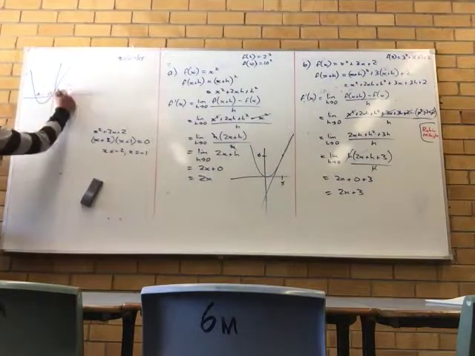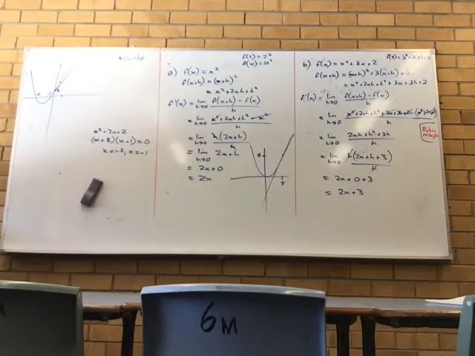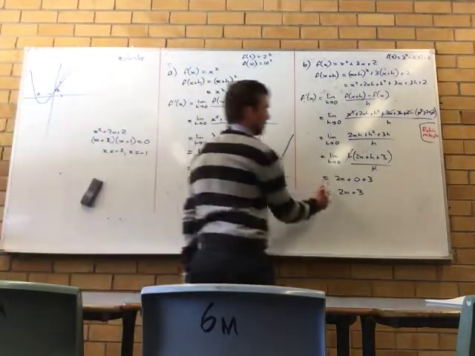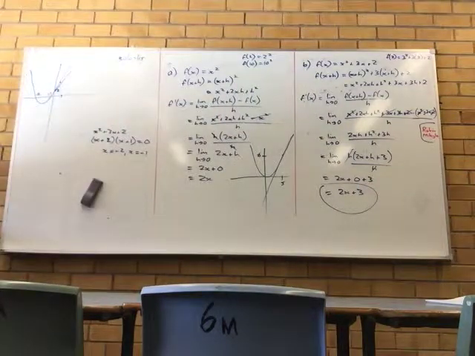Alright, so let's pick a couple. So x equals 1. What is the gradient of the tangent at x equals 1? So, 5. Alright, so at x equals 4, what is the gradient of the tangent at x equals 4?